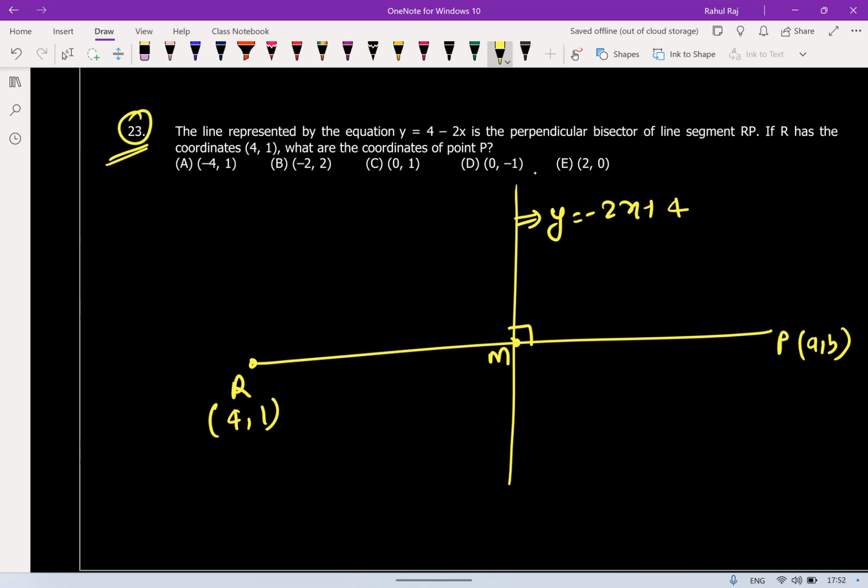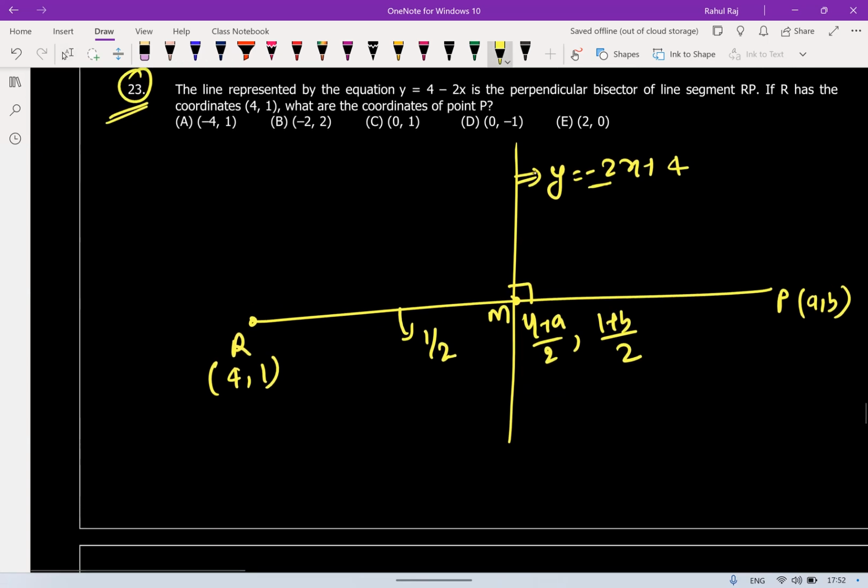So what is the coordinate of M? (4 plus a)/2 and (1 plus b)/2. That's it, right? So the equation of this line has slope negative 2. You know that this is perpendicular to RP. What is the slope of RP? Half. M1 times M2 is equal to negative 1, so M2 will come as half.